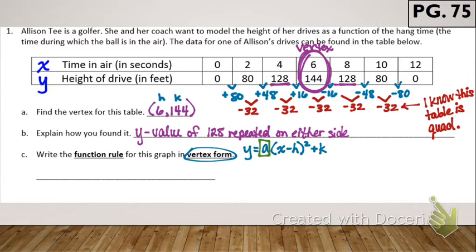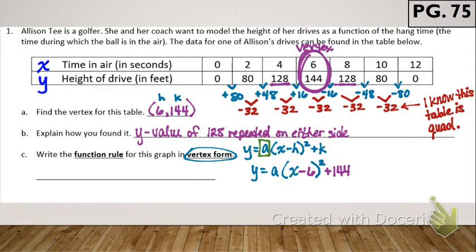But I can substitute in what I've already got. What would I see if I substituted in the h and the k values? Yep, so we're going to see x minus 6 and then squared. And what would be on the outside? 144. Yep, plus 144. So I know my vertex form is going to look a lot like that. I just need to figure out what that a value is.